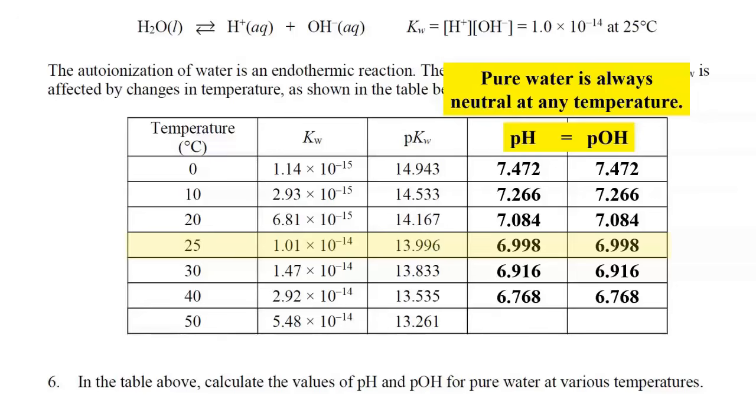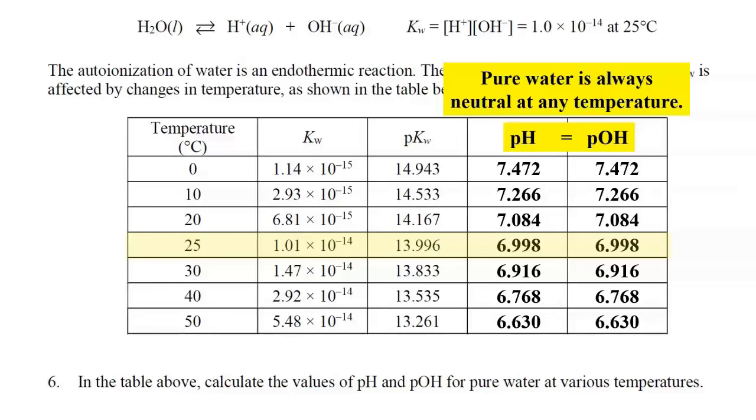And at 50 degrees Celsius, we take 13.261, which is the pKw, divide that by 2, and we get 6.630. So we are not saying that when water is heated to a temperature above 25 degrees Celsius, it becomes acidic. It is still pure, neutral water at any temperature.